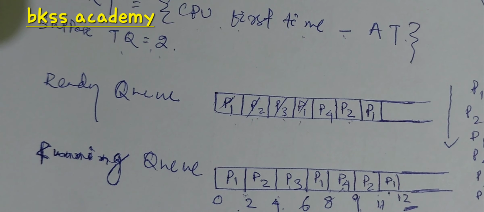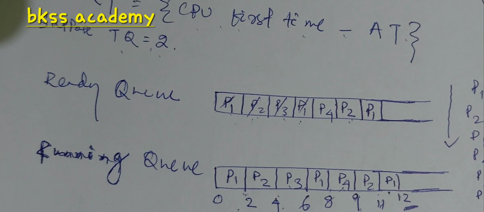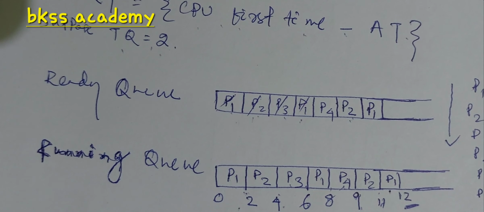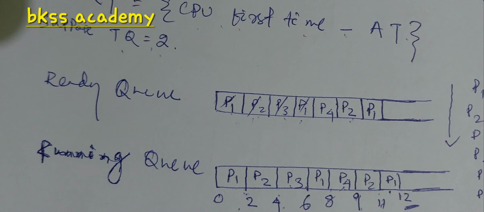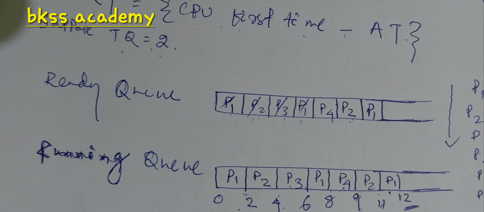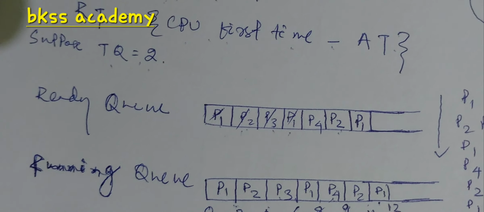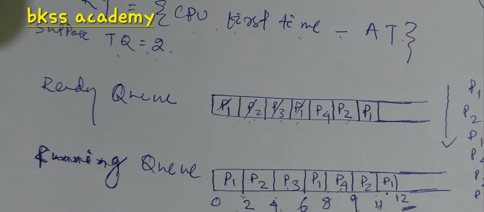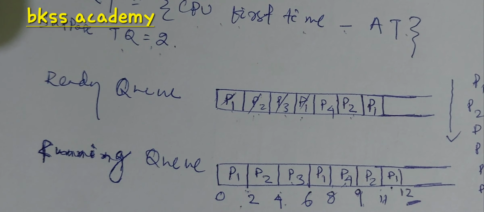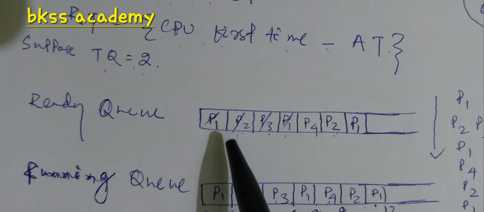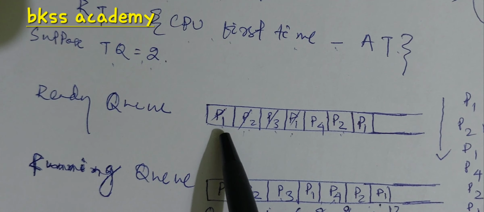So after each 2 time units, any time unit, a new process will be added. Suppose first P1 arrives at 0, so P1 will be in the ready queue first.